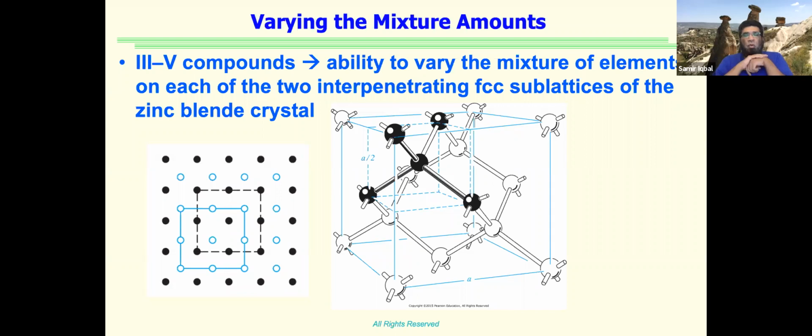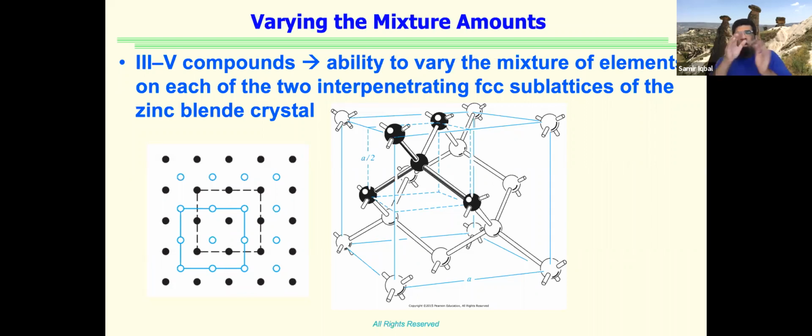Group 4 means there will be 4 electrons in the outermost shell, and then there will be 4 valence positions, 4 empty positions. Now if you go to group 5, that means there are 5 electrons and 3 valence positions. If you go to group 3, then there are 3 electrons and 5 valence locations where potentially electrons can come in.